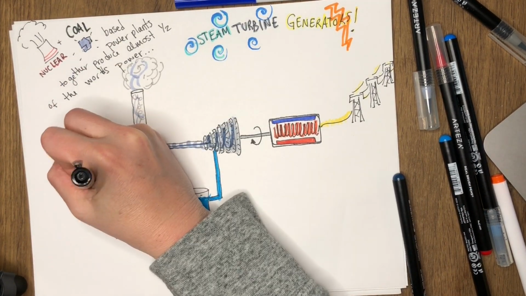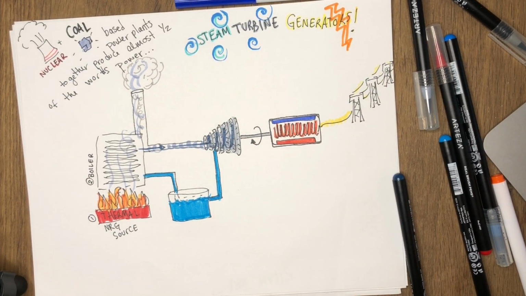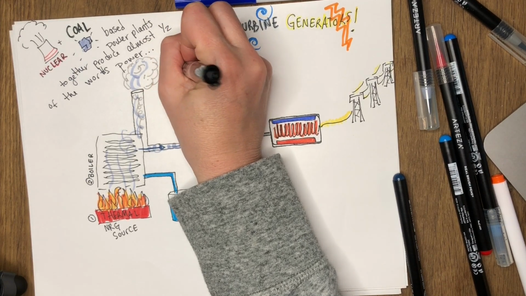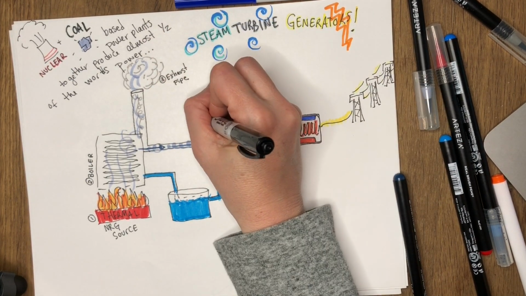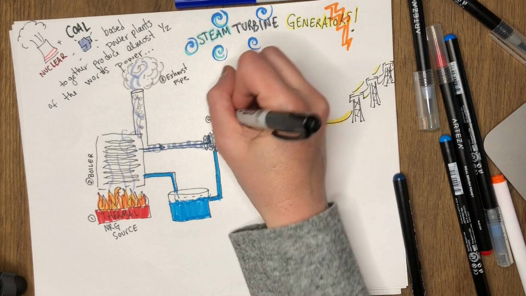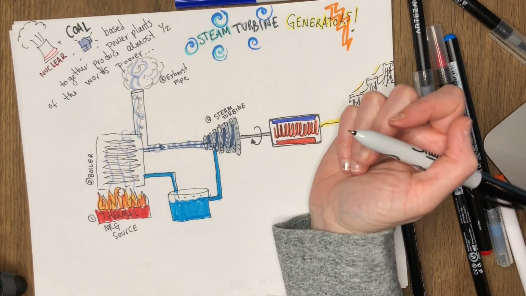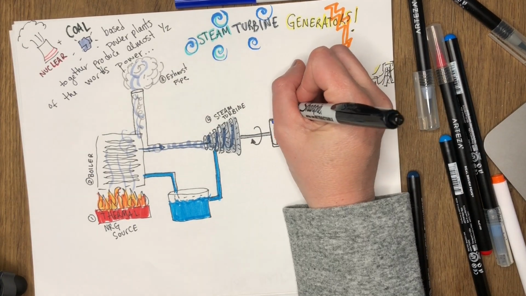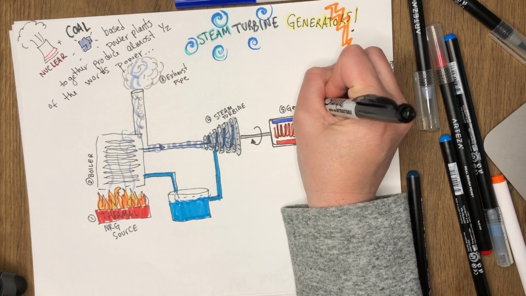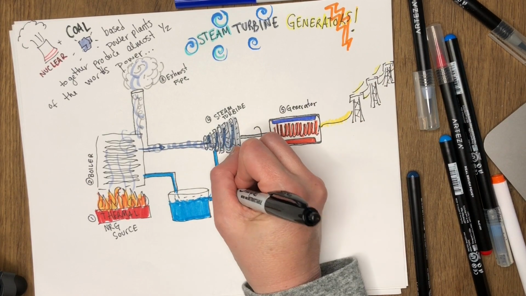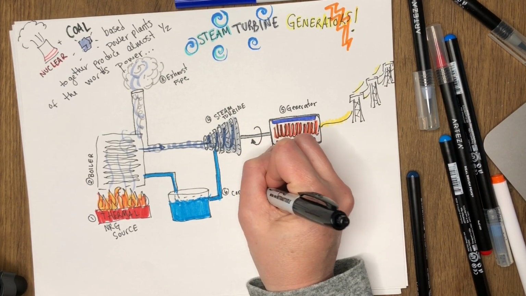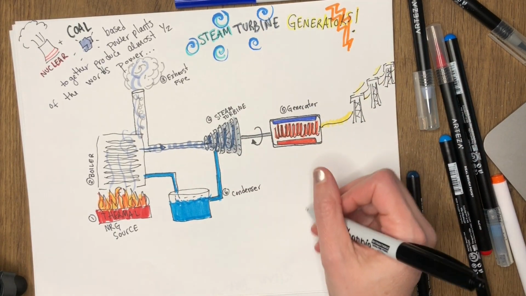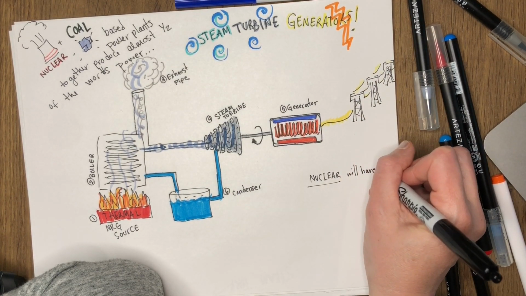So this is my heat, my thermal energy source, my boiler, my exhaust pipe, which is where all of the carbon dioxide and methane and sulfur from burning my coal or whatever it is goes into the atmosphere. I have my steam turbine that is spinning from the kinetic energy of the boiling water. I have my generator itself, which is just the very simple copper wire inside a magnetic field. And then I have my condenser that collects the excess water and moves it back into the boiler.